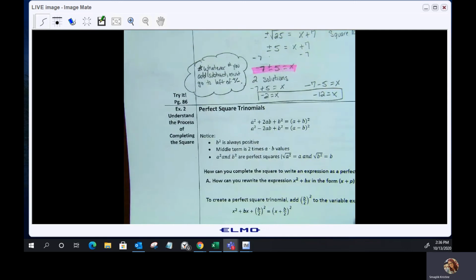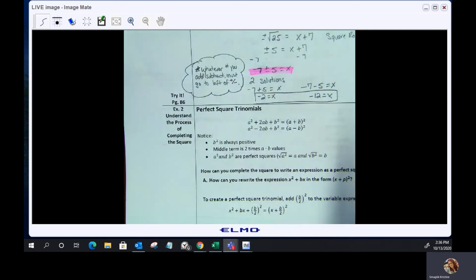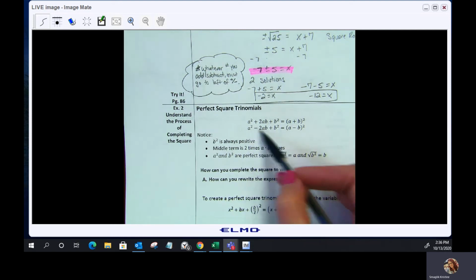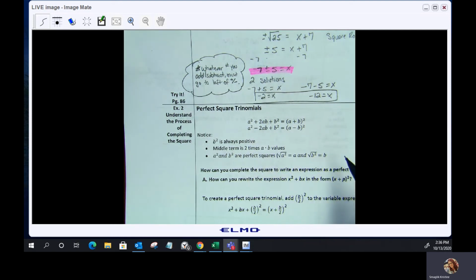Always notice too on a perfect square trinomial, because you're squaring a number, it doesn't matter if it's positive or negative, that last term will always be positive. Your middle term is again 2 times a times b, and your a and b are just the square roots of those. If we're going to complete the square, we have to work a little backwards.